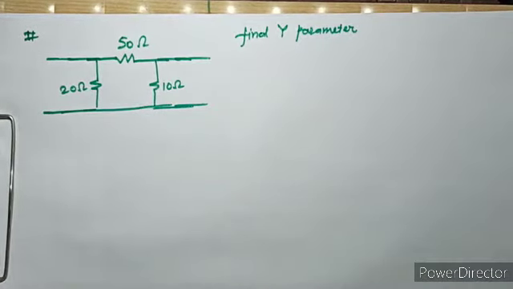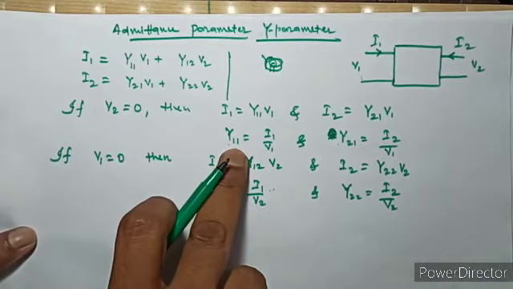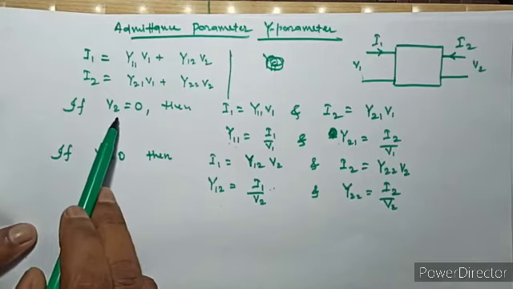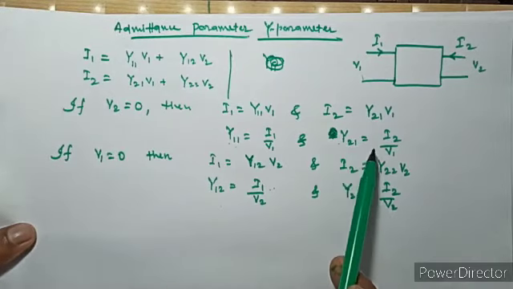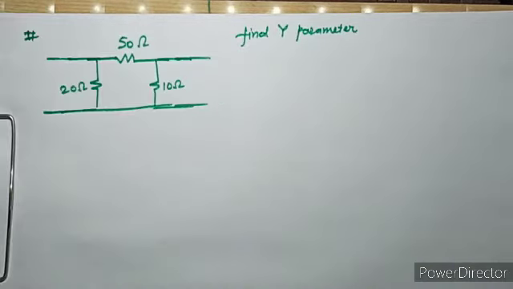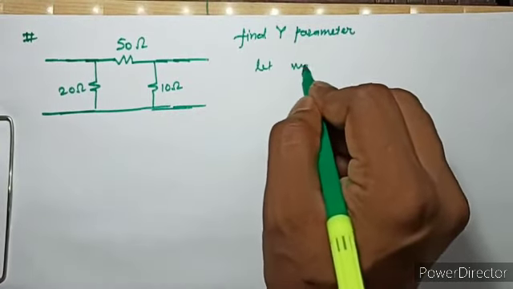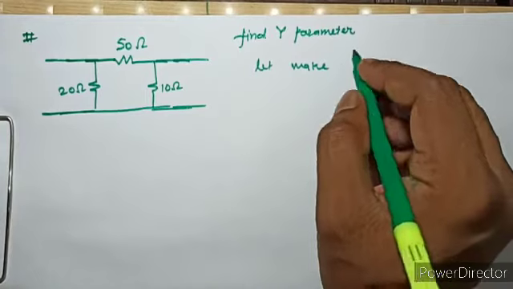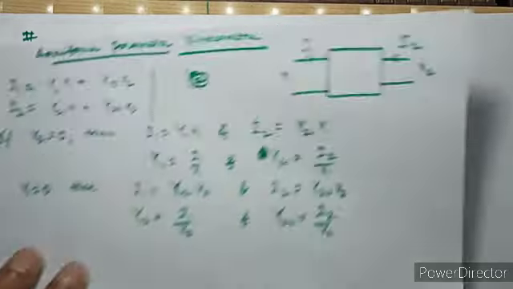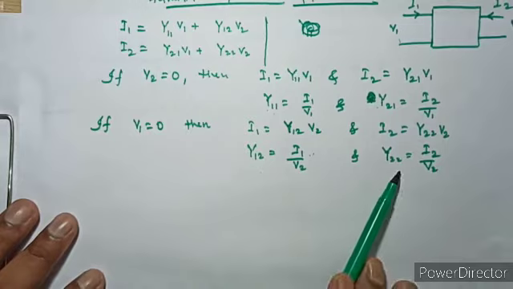Now recall our parameter values. Y11 was I1 by V1 when V2 is equal to 0. Y21 was I2 by V1 when V2 was 0, right? So first of all, let us make the input port 0 volt, a short circuit, meaning V1 is equal to 0. By making V1 equal to 0, we will get Y12 and Y22.